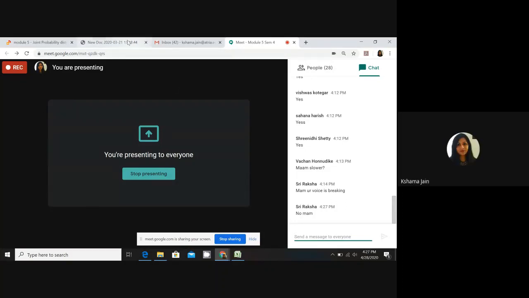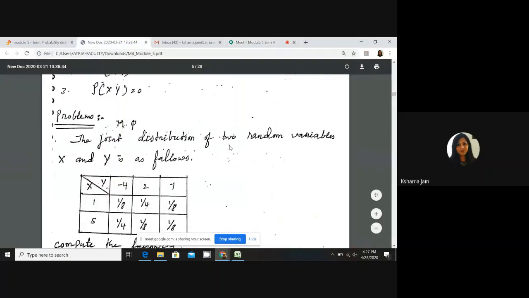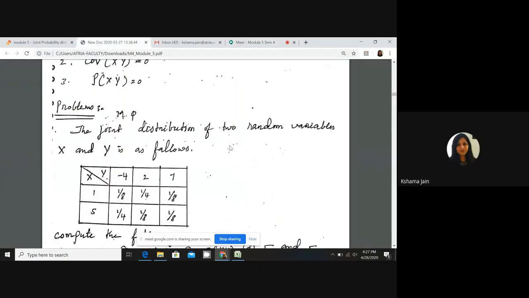Okay. So here, based on those formulas, we take the problem. The question is: the joint distribution of two random variables X and Y is as follows.